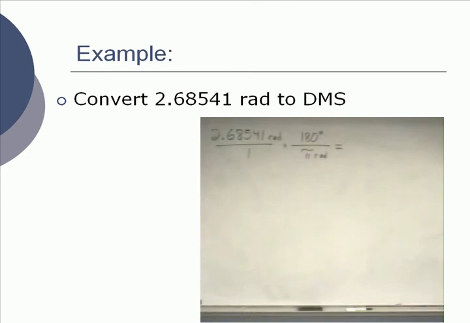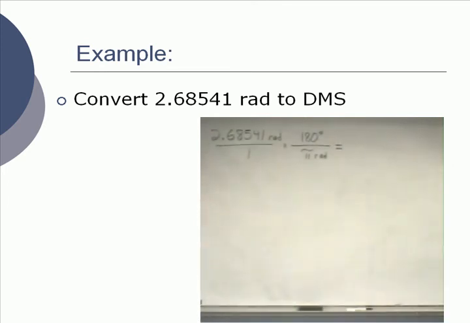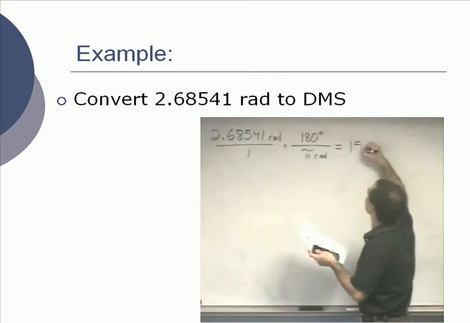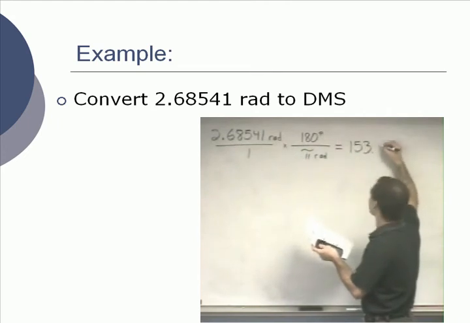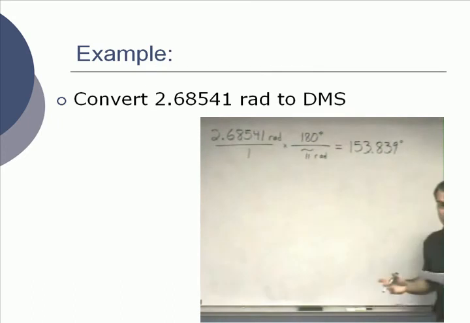Well, first of all, we just do this conversion and get it into decimal degrees. We're going to keep a whole bunch of sig digs here. 2.68541, if we perform that conversion, you should get 153.839 degrees.